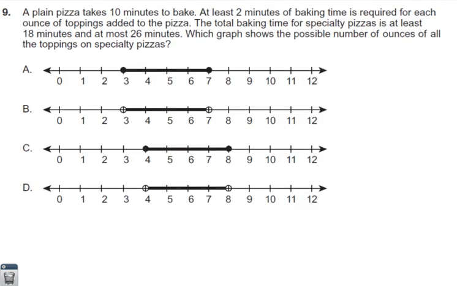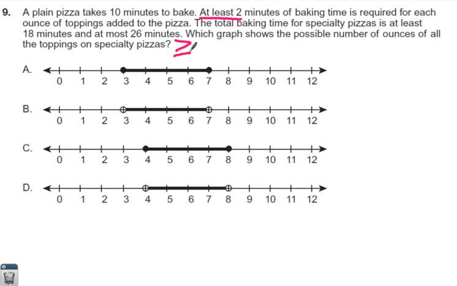Number 9. Hopefully you've read it already, but I have to read this. A plain pizza takes 10 minutes to bake. At least 2 minutes of baking time is required for each ounce of toppings added to the pizza.